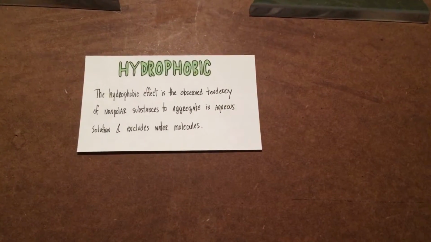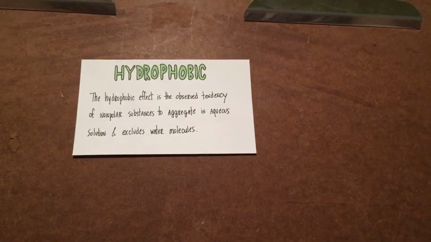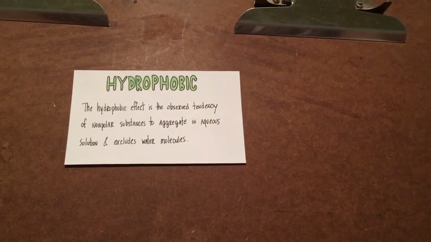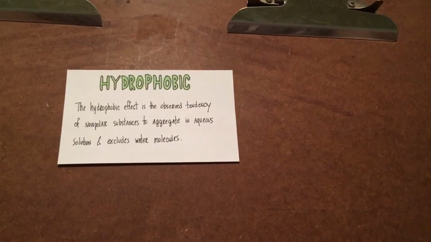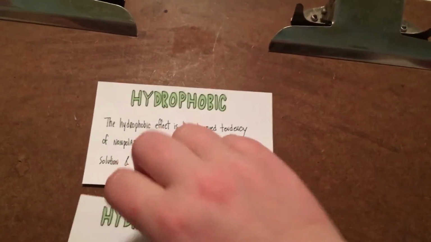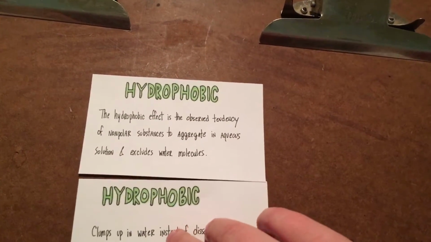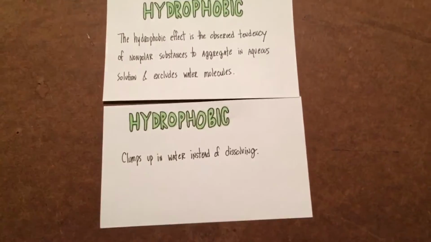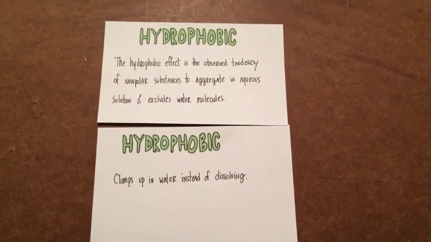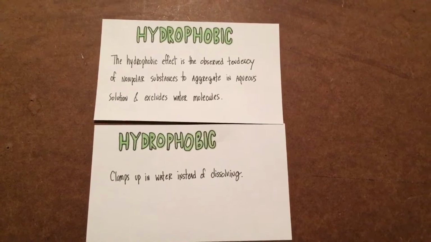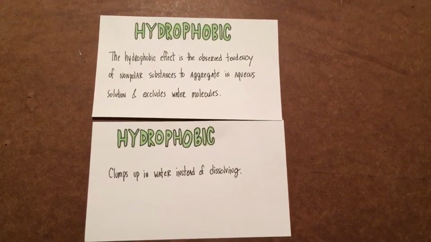What hydrophobic actually means is that it doesn't dissolve in water. Drop my official PowerPoint slide here. We're very high-tech here in my bedroom. Hydrophobic means something that clumps up in water instead of dissolving.